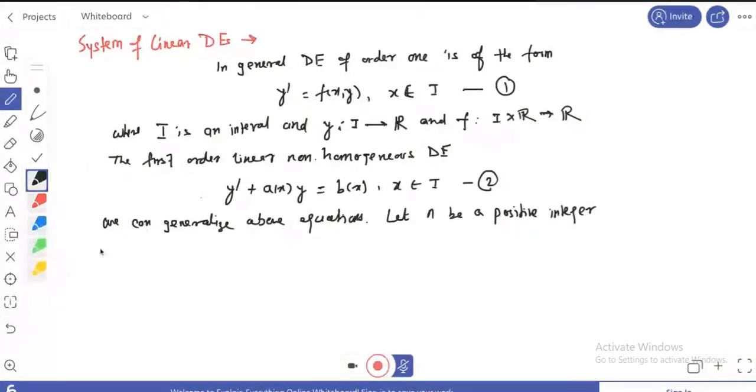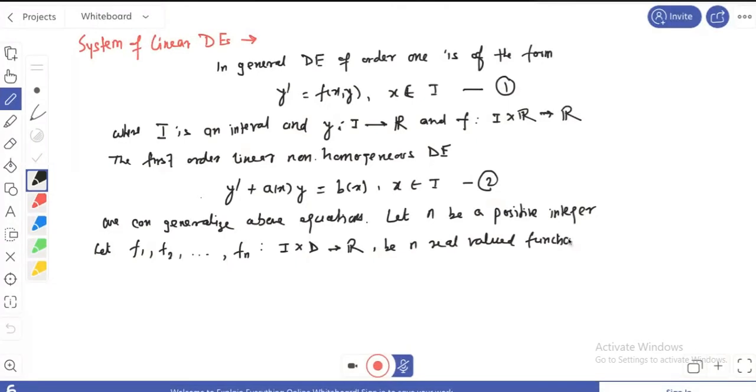If we consider different functions f1, f2 up to fn, defined from I cross D to the real numbers, these are real valued functions defined on an open connected set D, which is a subset of Rn, because there are n.